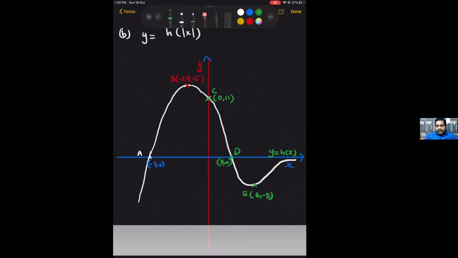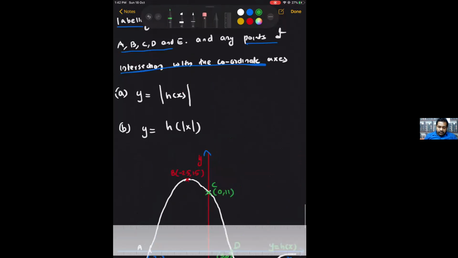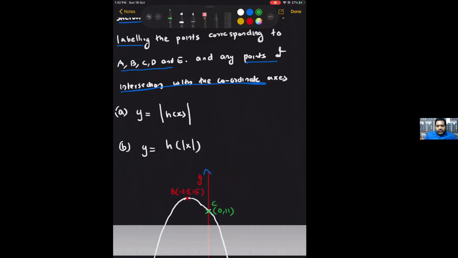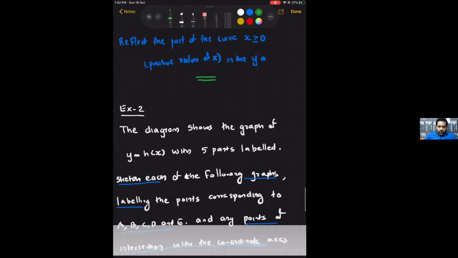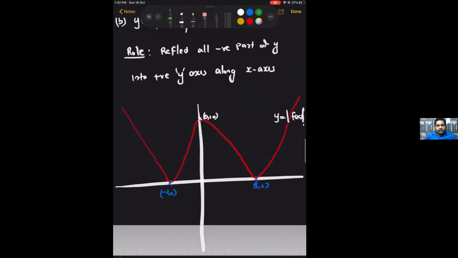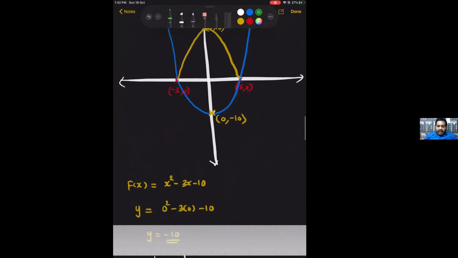So I'll give you some time. Go through this question and try to attempt part A and part B. Then I will solve this question. You just go through these following notes.